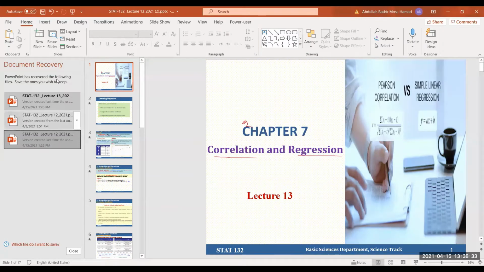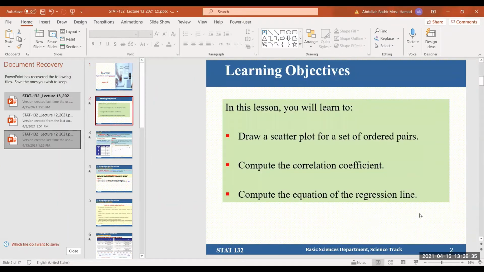So let's start with the objectives of this class. Students should know how to draw a scatter plot for a set of ordered pairs, compute the correlation coefficient, and compute the equation of the regression line. First, when a researcher suspects there exists a relation between two variables, the first step is to draw a scatter plot to check whether this relation has a special pattern or not.